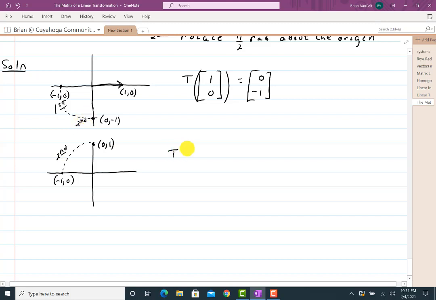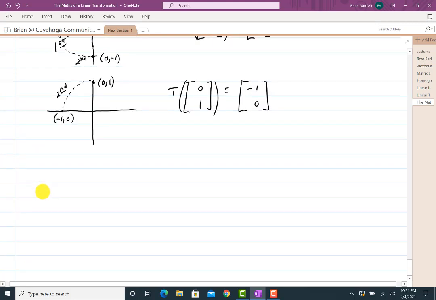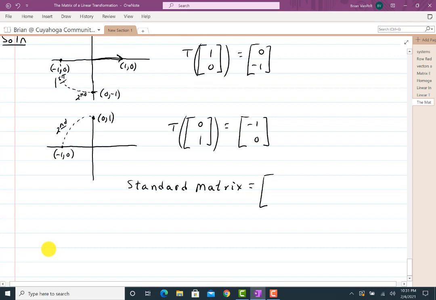And so T of 0, 1 equals -1, 0. So my standard matrix then equals, for my first column, 0, -1. And then for my second column, I have -1, 0.